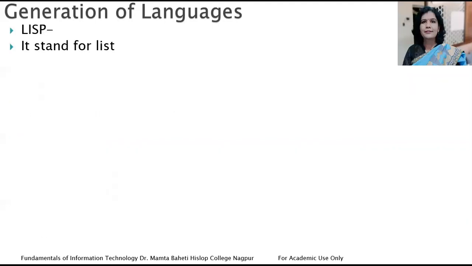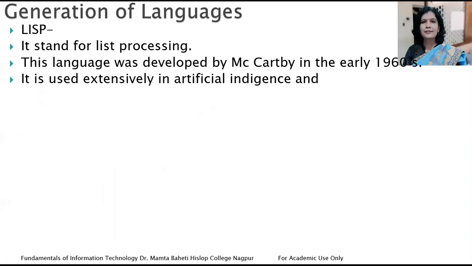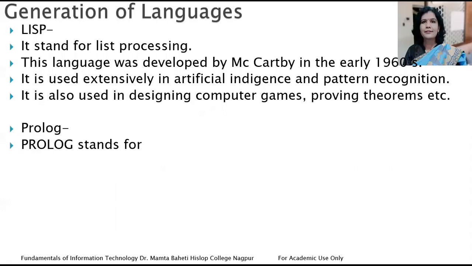Then next is LISP, that is list processing. This language was developed by McCarthy in the early 1960s, and it was extensively used in artificial intelligence, pattern recognition, game designing and proving theorems.